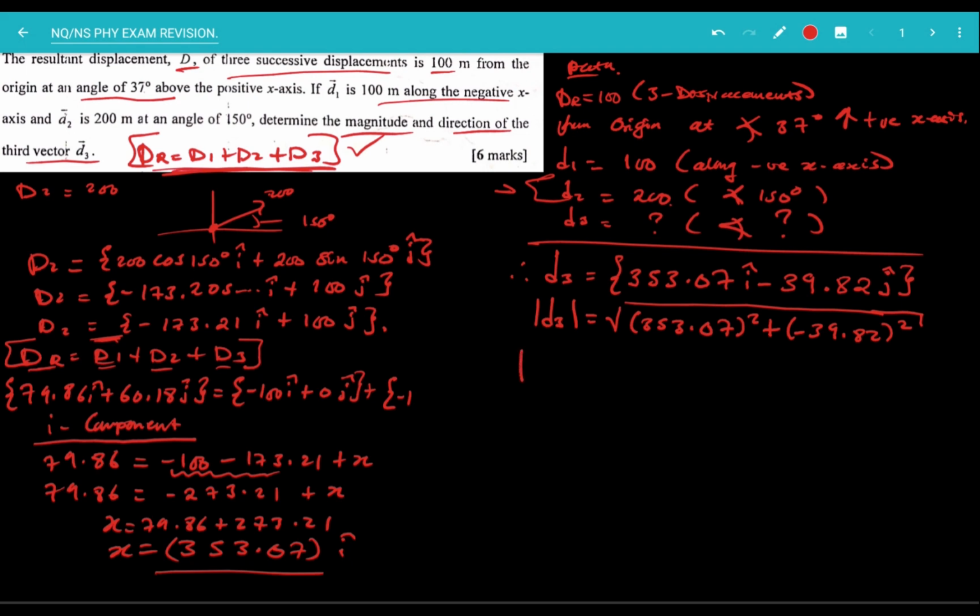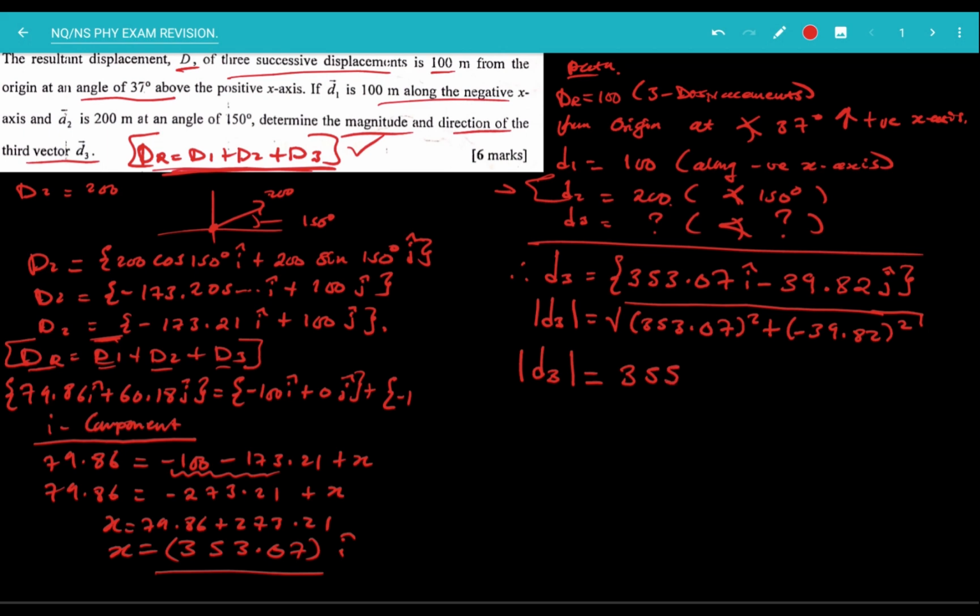So the magnitude of D3 is equal to, if I root those values that I'm having there, we'll have 355. All right, so just a moment, let me just confirm something. 353.07 squared plus 39.82 squared, then root that. Yeah, we get 355.